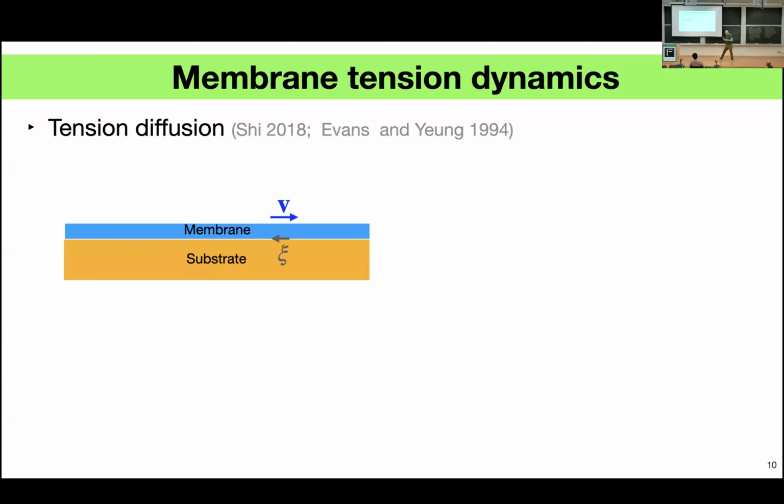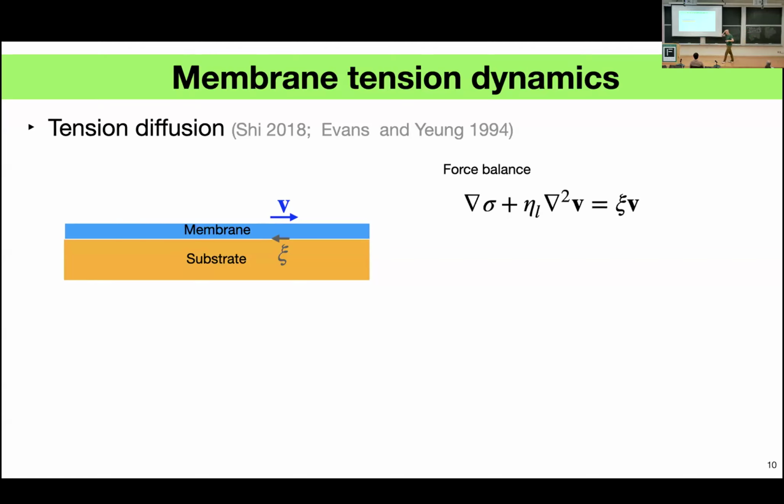And this membrane is not freestanding. It's sitting on top of some substrate, whether it's the cortex inside the cell or some kind of glycocalyx that surrounds the outside of the cell. In any case, there's a substrate which acts as a kind of sink of momentum.